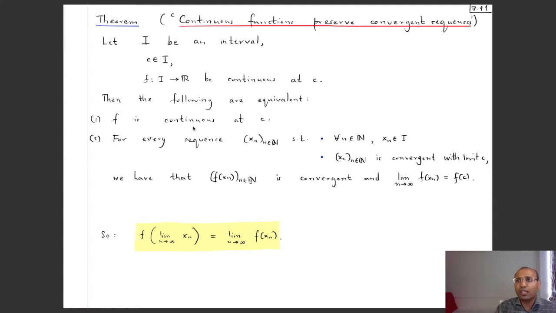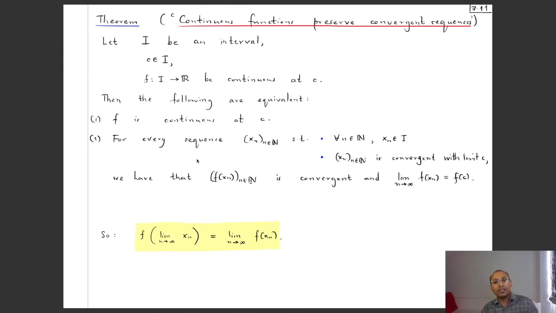So to check continuity, now we have a new tool. If we manage to show that whenever a sequence is converging to c, f of that converges to f of c, then we can conclude that the function is continuous at c. Okay, and we have lots of tools to deduce convergence of a sequence, right? We have a whole toolbox to analyze that, so we can use that, and hence we can avoid this epsilon delta definition of continuity.